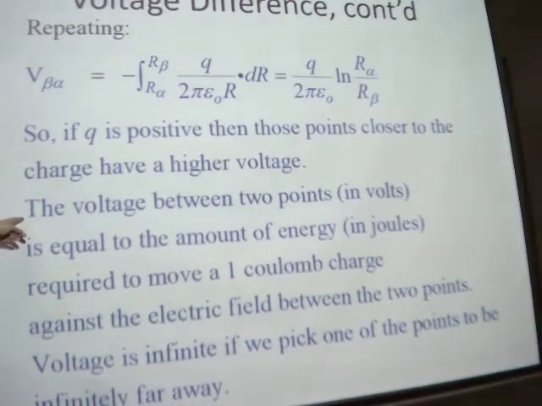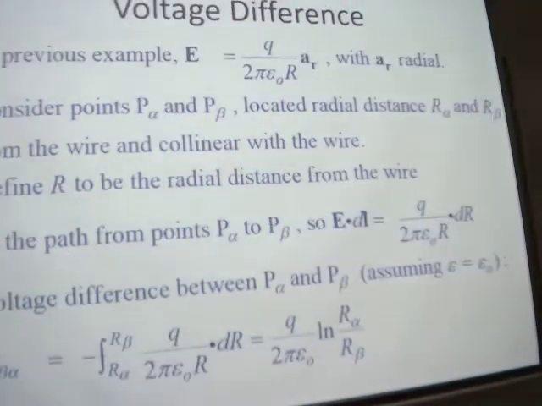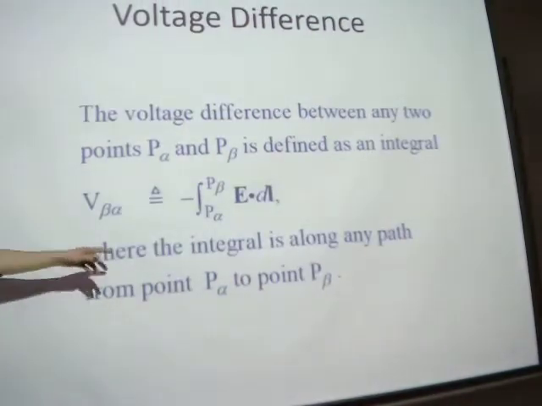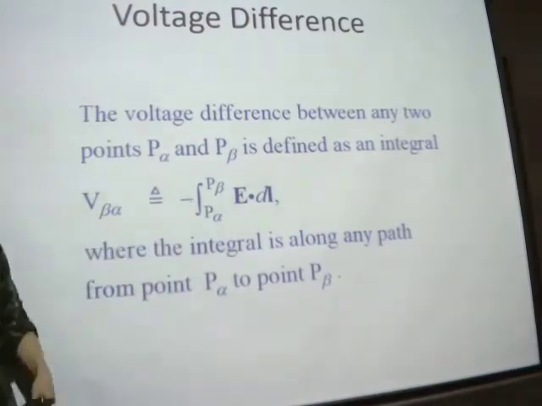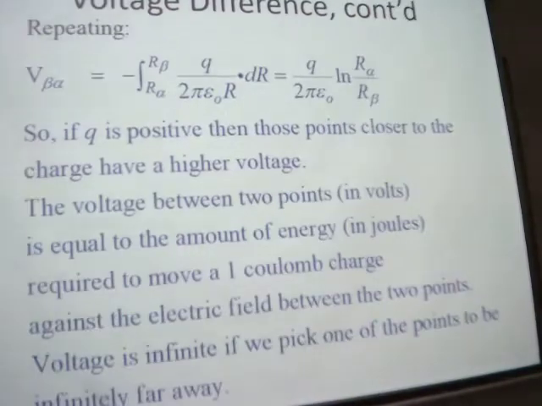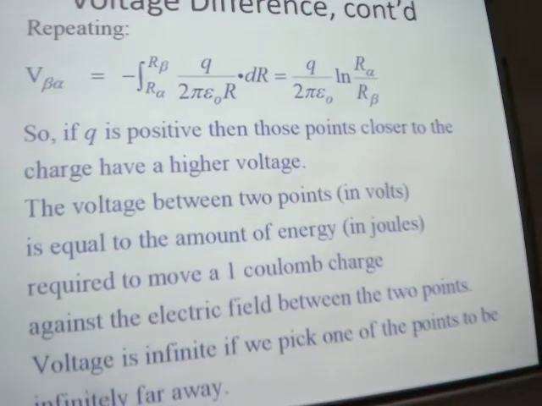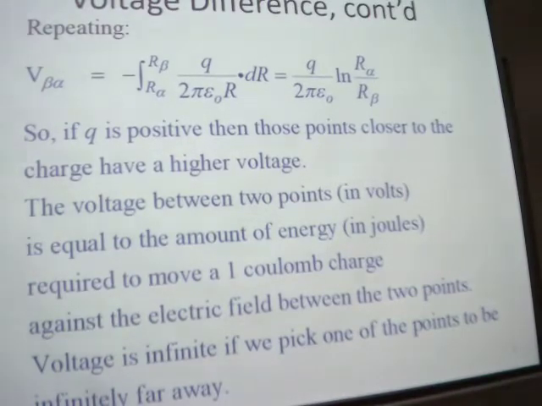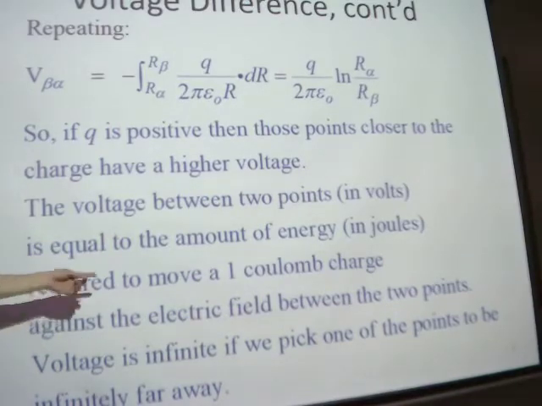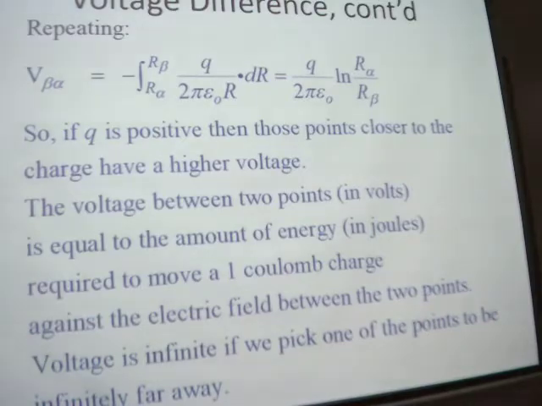So why can these fractions on the previous page say this, why the negative here? Here is a fresh explanation: the voltage between the 2 points is equal to the energy required to move 1 coulomb of charge against the electric field between the 2 points, okay.